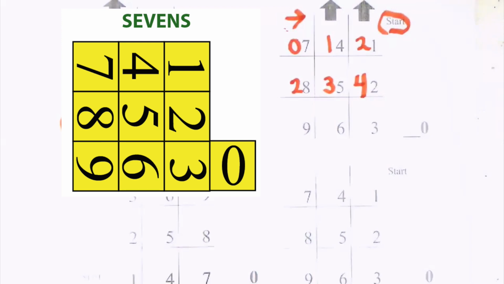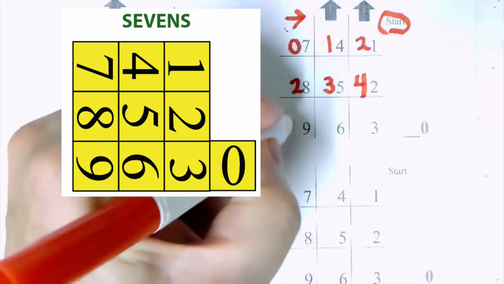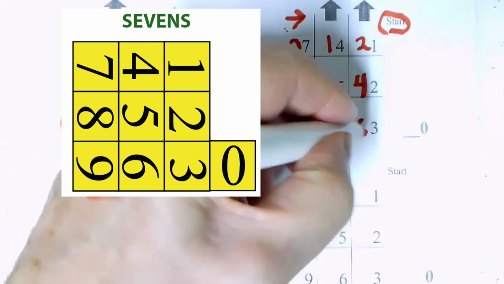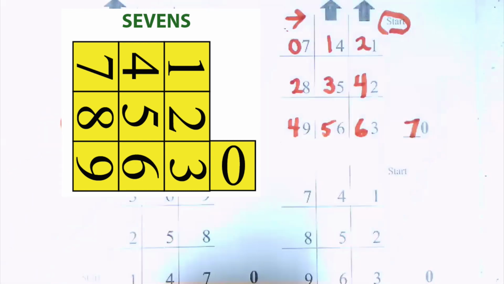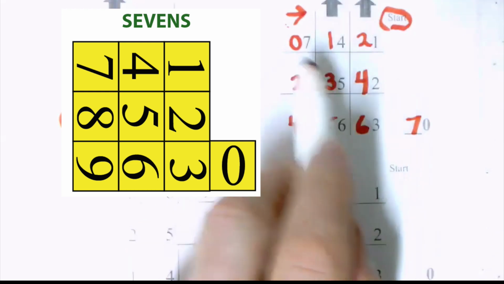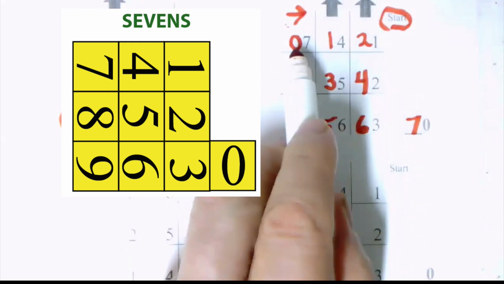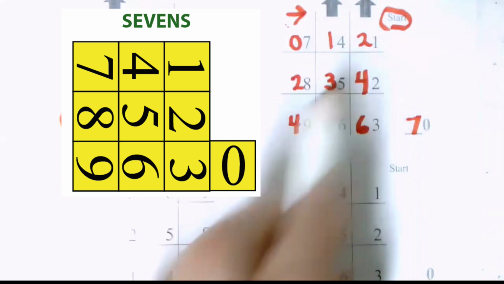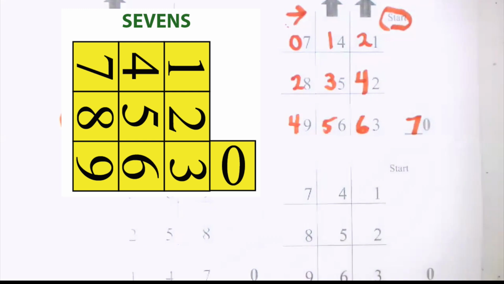Great. Now, again, we repeat the 4, and then the 5, and the 6, and the 7. That is, we have created the 7s times table. So 0, 1, 2, repeat the 2, 2, 3, 4, repeat the 4, 4, 5, 6, 7.